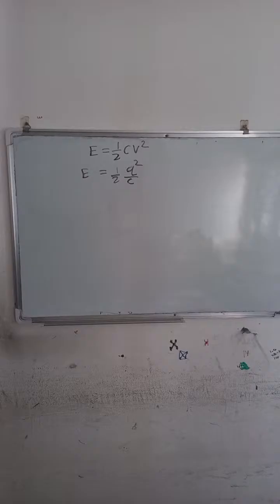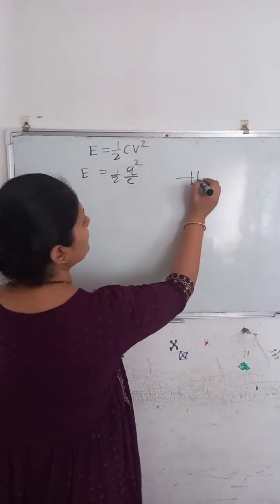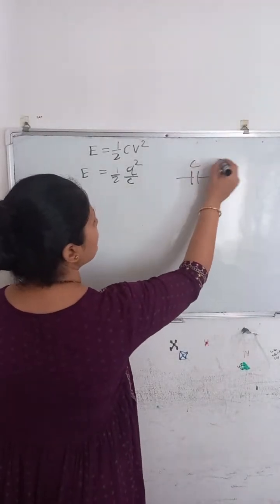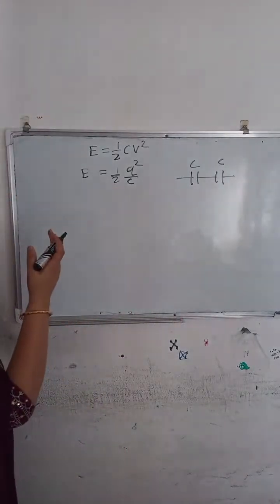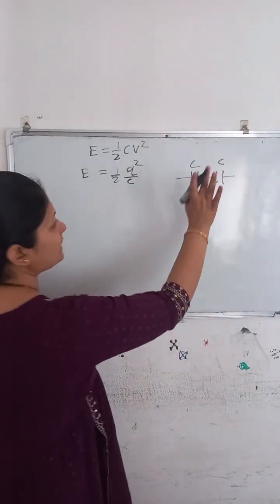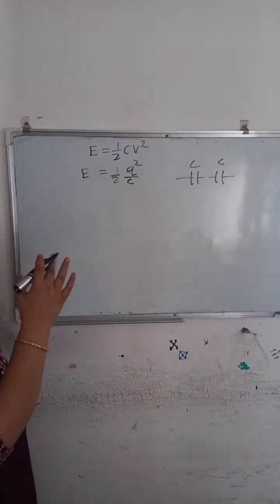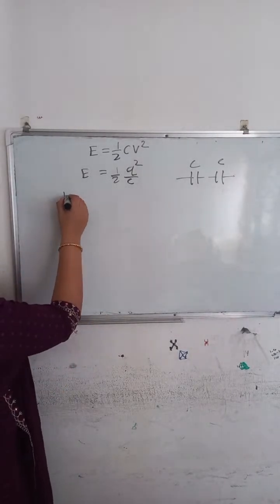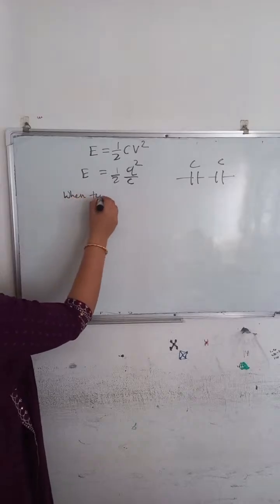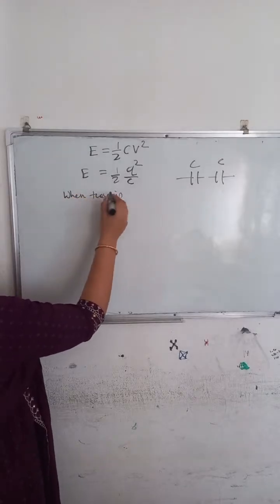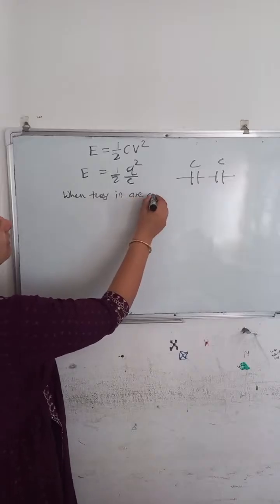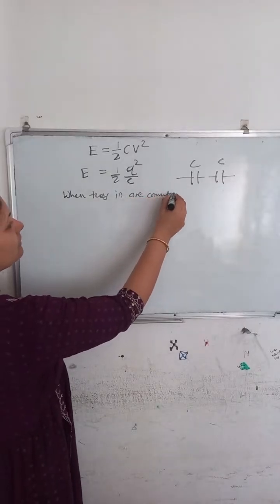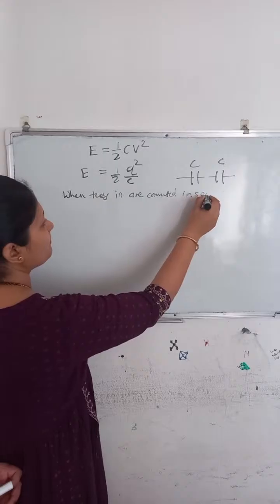Now what they are saying here: these both are capacitors having the same capacitance, and suppose they are not connected initially. They are different capacitors, but their capacitances are the same. But suppose they are connected in series.